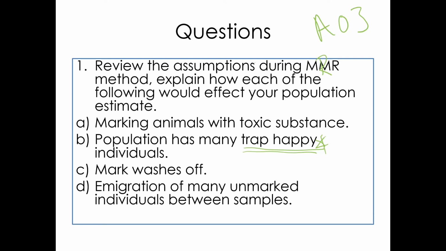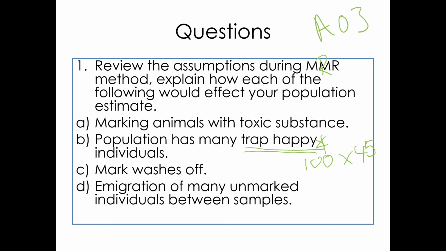Let's think about the same numbers but with mice. In our first sample we'd still have 100 mice. Of those 100 mice, they've been trapped. They enjoyed the experience. So we might still only have the same number in our second sample, but of those, they're likely to have been mice that we have captured before.